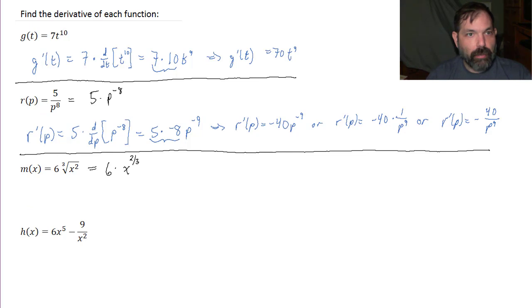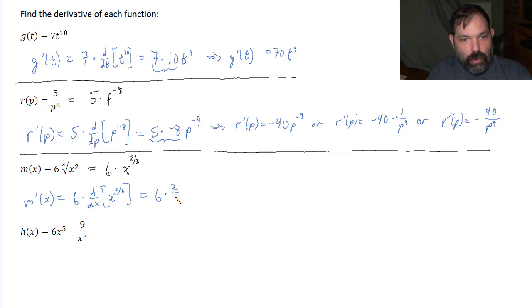All right, so then m prime of x would be 6 times d by dx of x to the 2/3. So that would be 6 times 2/3 x to the, let's see, if I have 2/3 subtract 1, 2/3 subtract 1 is -1/3.